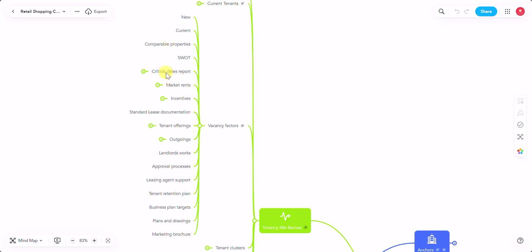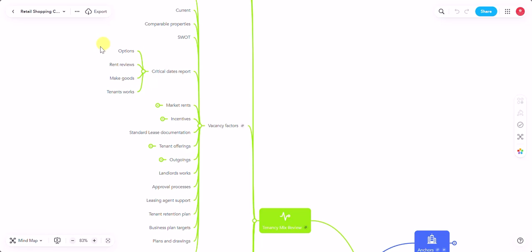Now, a critical dates report is the next thing that I will look at. And a critical dates report relates to the leases. These things. The options, the rent reviews, any make goods that need to be done, tenancy works, that sort of thing. The critical dates that apply within the tenancy mix. I go right through those, because those critical dates will impact what I've got to do and the times that I need to do that.